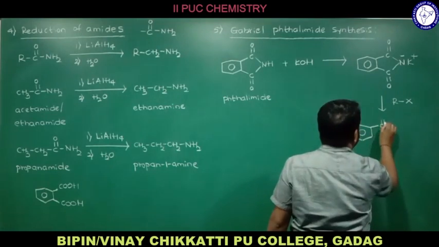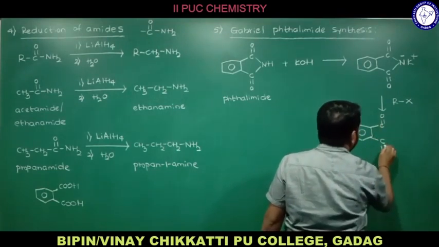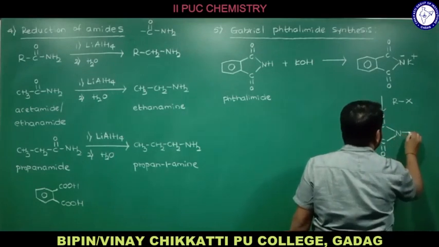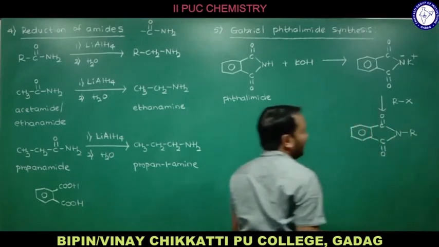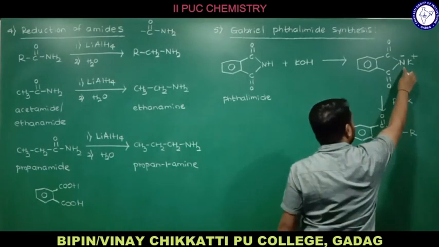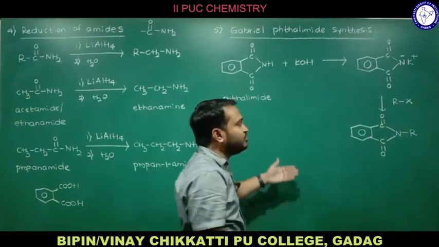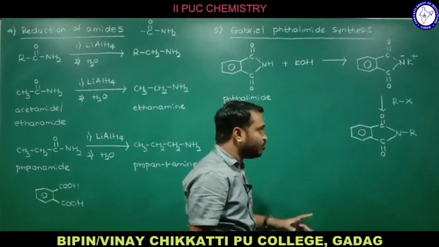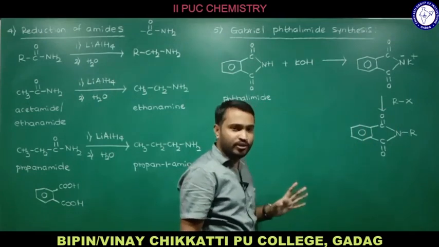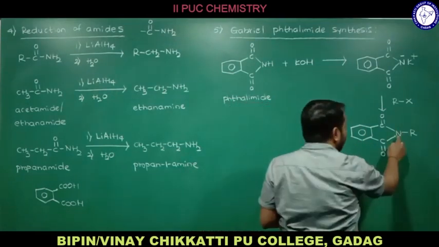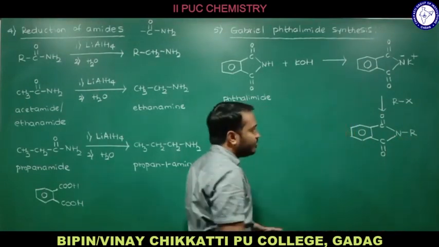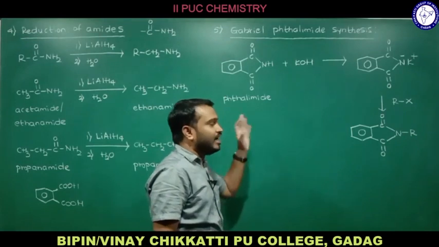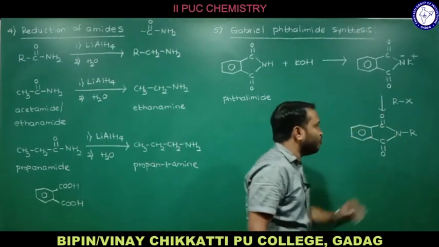Here we have a C double bond O, and here we have C double bond O, and we get N that has to be linked with the alkyl group R. Since nitrogen contains a lone pair of electrons, it is an electron rich species and is going to attack the electron deficient alkyl group. Halogen is a very good leaving group, and this is how we get N bond R, and this compound is nothing but N-alkyl phthalimide. So we have an alkyl group over here.